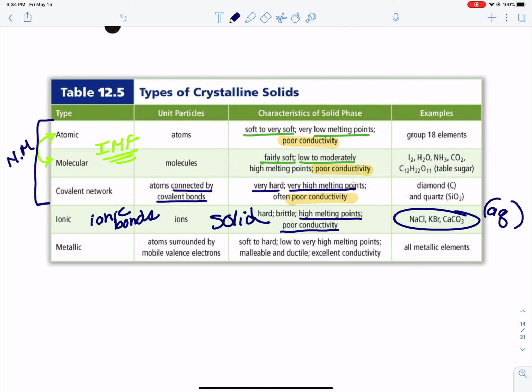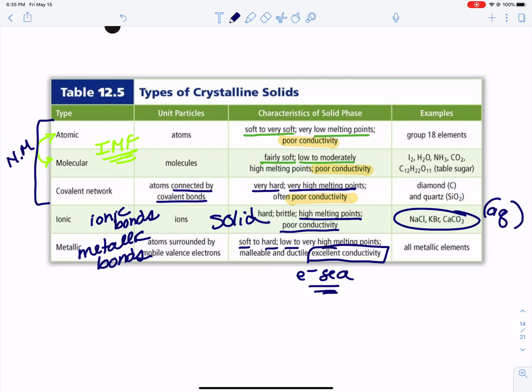But metallic solids are held together by metallic bonds, right? And the strength of a metallic bond is very varied, if that makes any sense. So that's why we get soft to hard, low to high. It really depends. But because of this electron sea in all metal solids, all metals will conduct electricity.